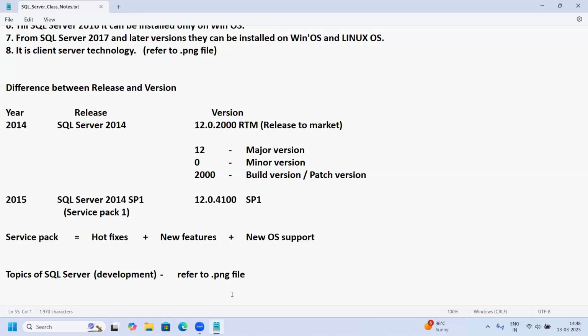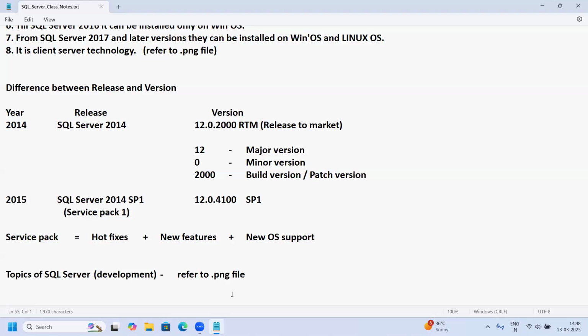Right. And now remember one more thing: features of SQL Server. We will study topic wise. If you want, I can write all the features Microsoft has introduced in different versions, especially from SQL Server 2005 till the latest.